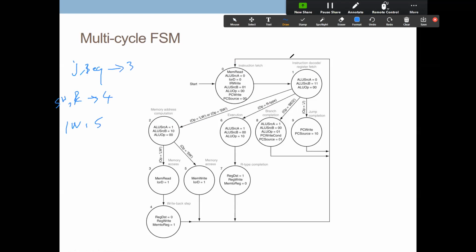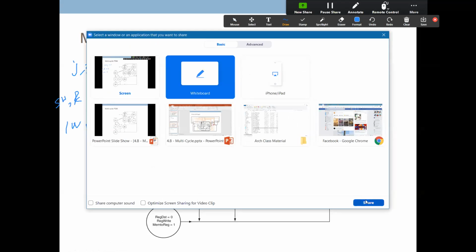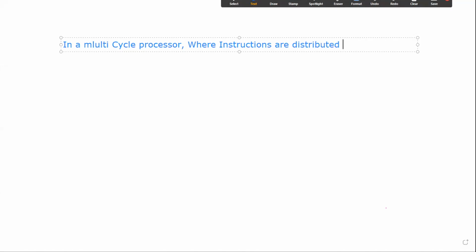Okay, so let's take a quick example or question. Imagine you have a multi-cycle processor, and the instructions are distributed as follows.